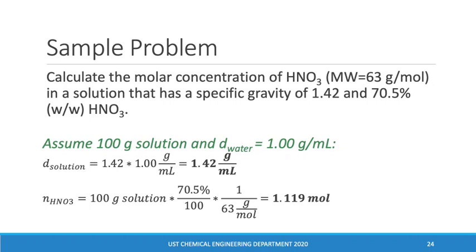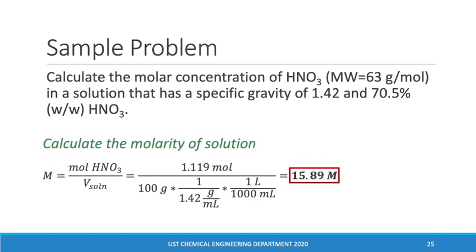And since the given concentration is in percent composition, a basis of 100 gram of solution may be used. To solve for the moles of nitric acid in the solution, first we multiply the 100 gram mass of solution by 0.705 to get the mass of nitric acid, and then divide it by the molecular weight to get the moles, which is 1.119 moles.